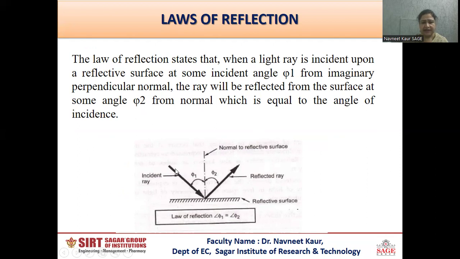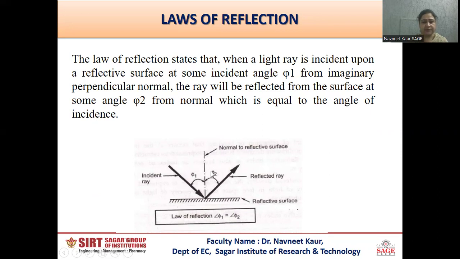When a light ray is incident on this reflective surface, part of the light is reflected back. This is the normal, and the angle between the incident ray and the normal to the reflective surface is, say, phi1, which is known as the incident angle.